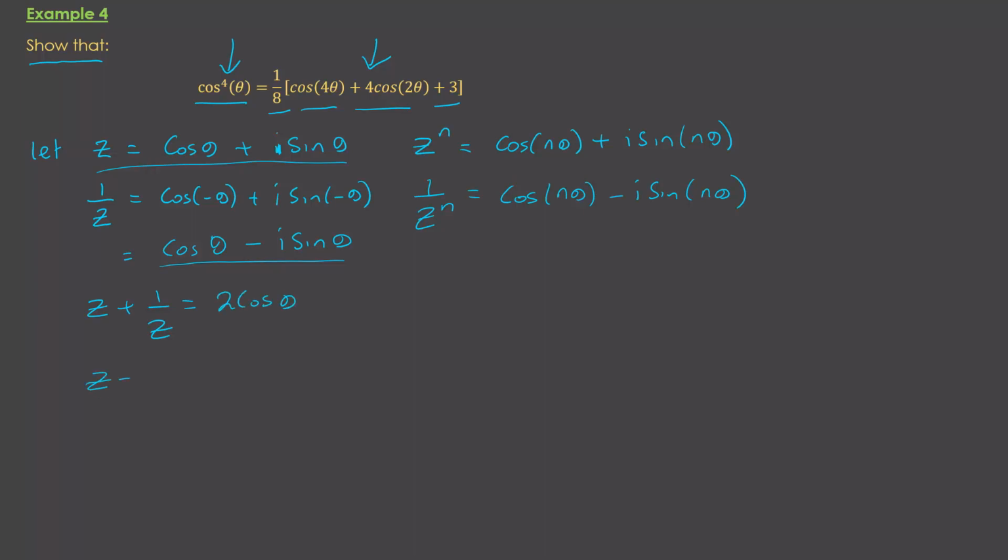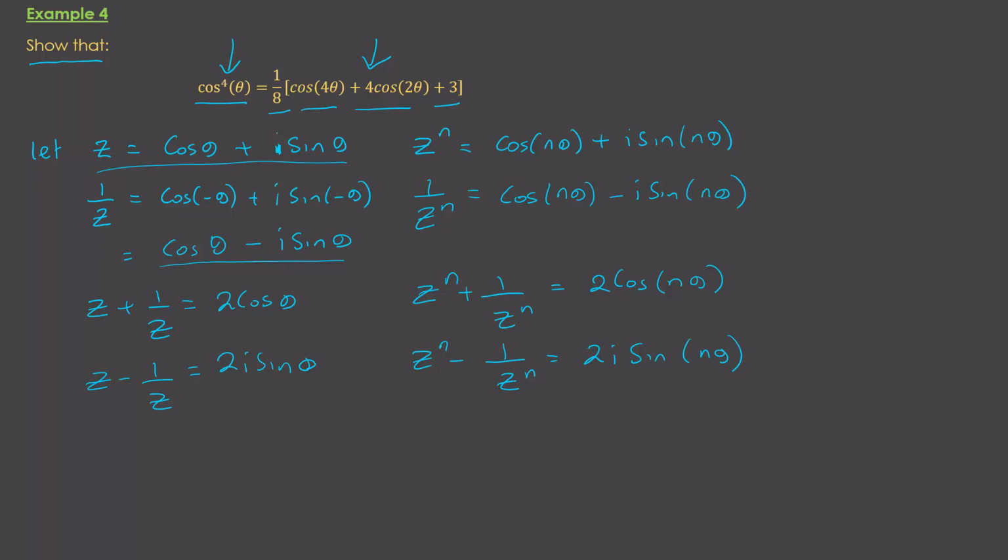If I do z take away 1 over z, that gives me 2i sine theta. And over here, z to the n plus 1 over z to the n would be 2 cos n theta, and z to the n take away 1 over z to the n would be 2i sine n theta.